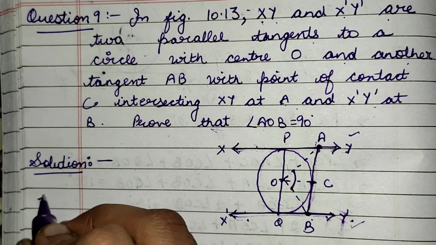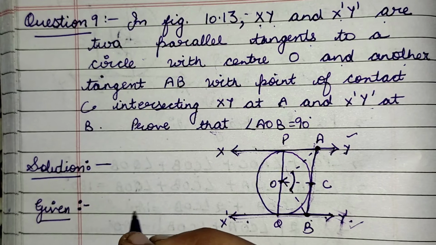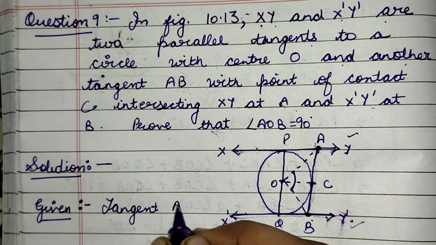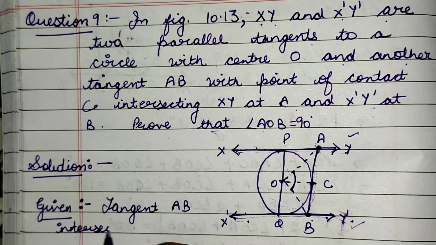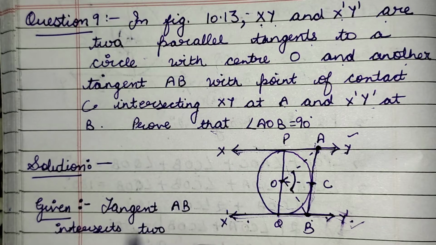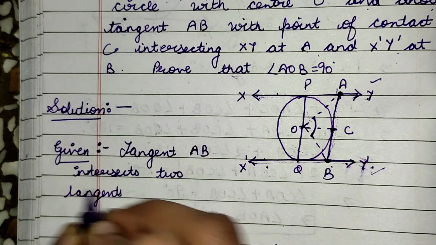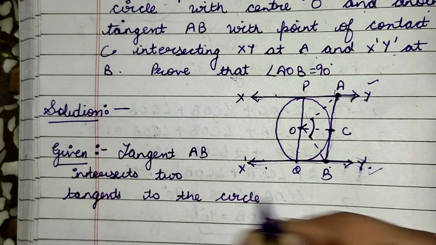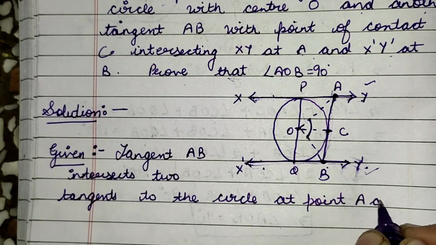So let us write down our given. Given is that tangent AB intersects two tangents to the circle at points A and B. So what you have to prove?